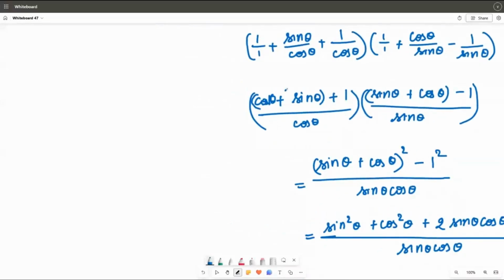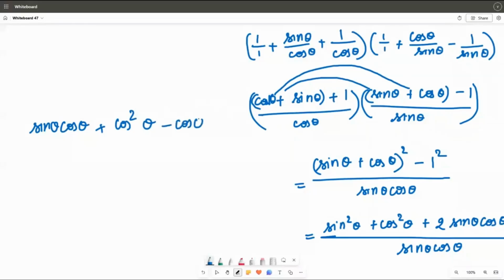So let's see that sin theta into sin theta... let's write it here, sin theta into cos theta. Next we have cos theta into cos theta, we have cos square theta. Then we have cos theta into minus 1 is minus cos theta.